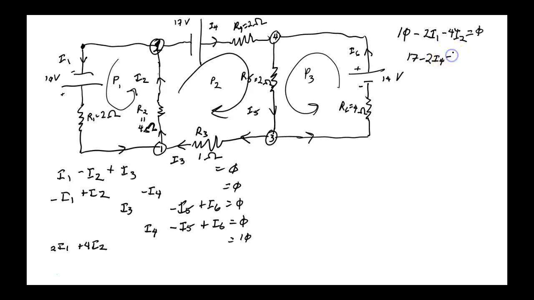Minus 2I5. I hope I've drawn these right. Minus I3. And that's equal to 0.